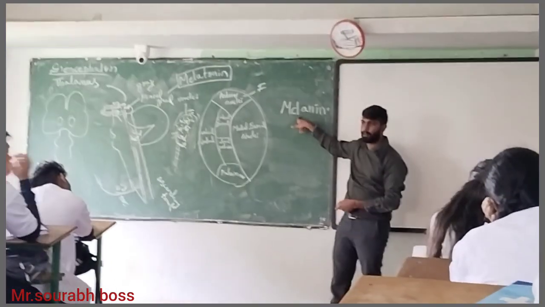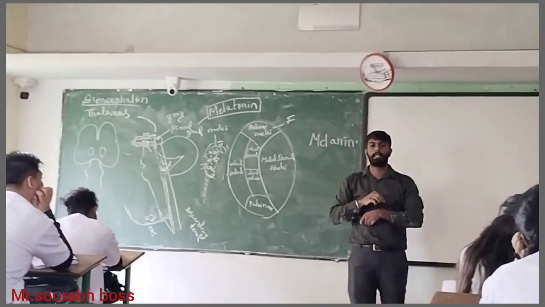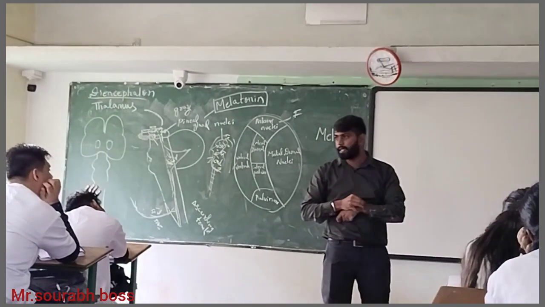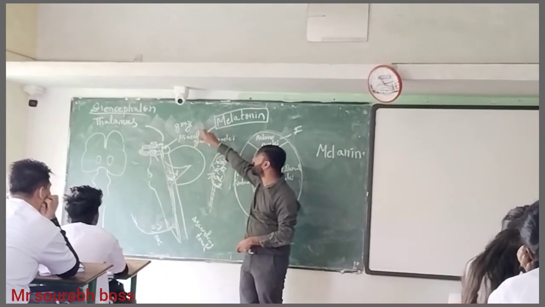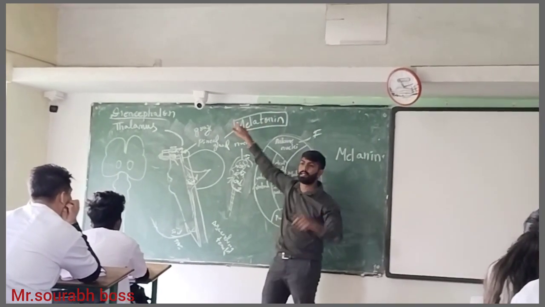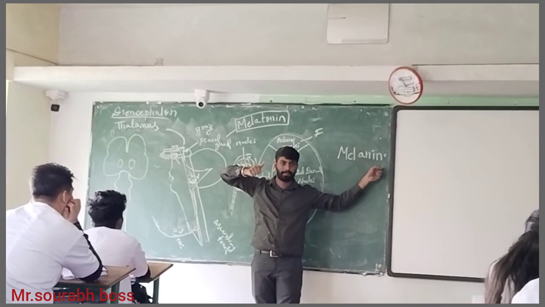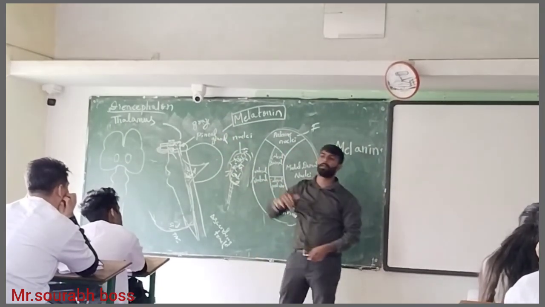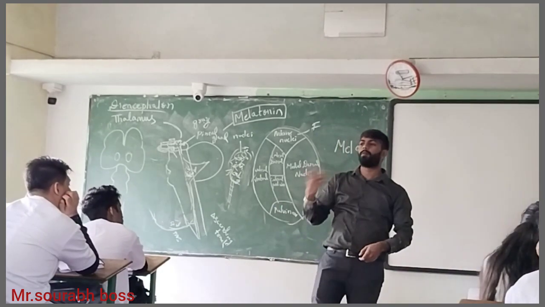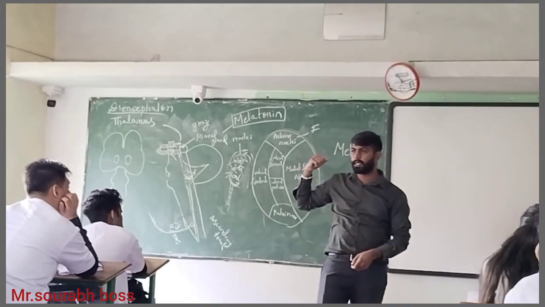This melanin is produced by melanocytes in the skin to produce the color, right? But in the pineal gland, they produce melatonin, not melanin. So melatonin is produced from the pineal gland. What's its purpose?